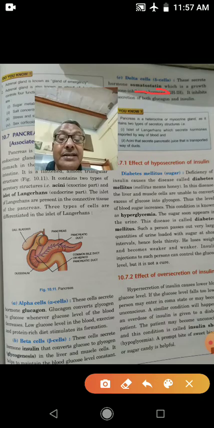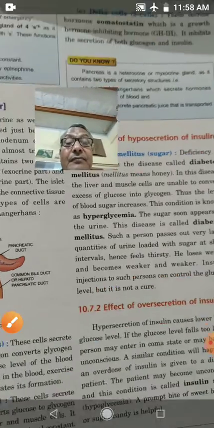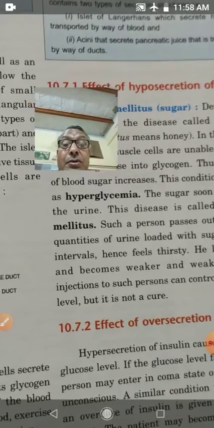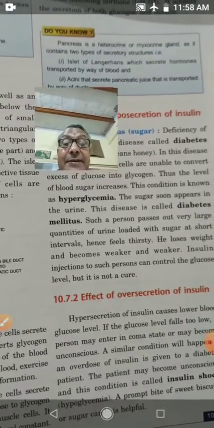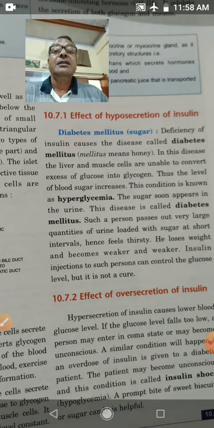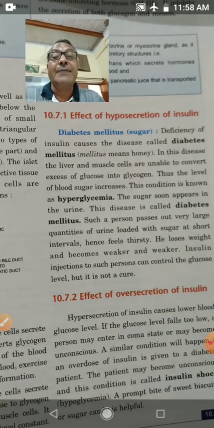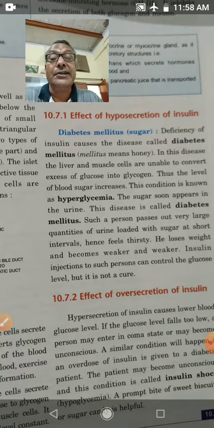But when there is insufficient secretion of insulin, the level of glucose in the blood increases.